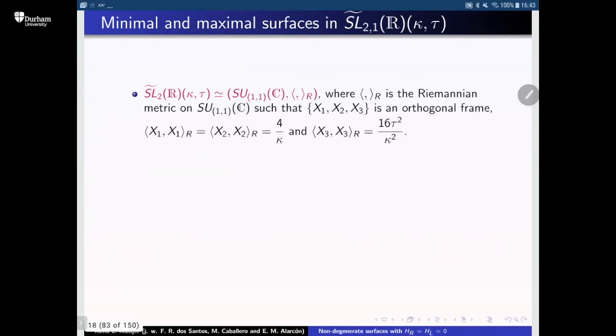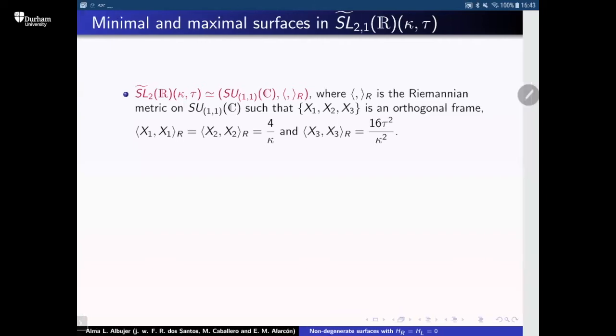So the universal cover of the special linear group is isometric to the special unitary group endowed with the unique Riemannian metric such that x1, x2, and x3 is an orthogonal frame, where the vectors have this norm.